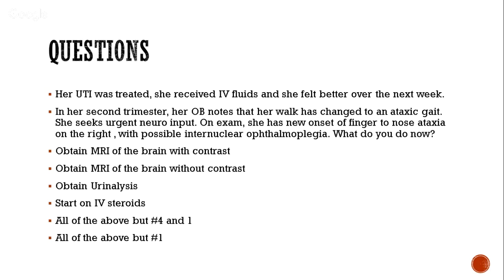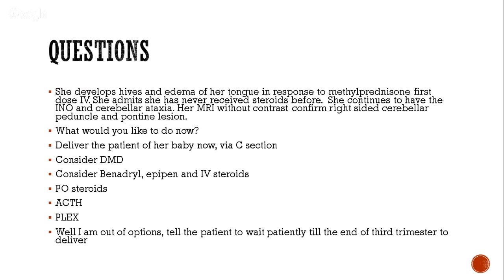It's safe to start IV steroids in the second trimester. It's not safe in the first, but in the second and third trimesters we're totally okay to do steroids. Steroids have no long-term prognostic benefit, but they do help hasten recovery to some extent, and we could use that to tide over during this period.